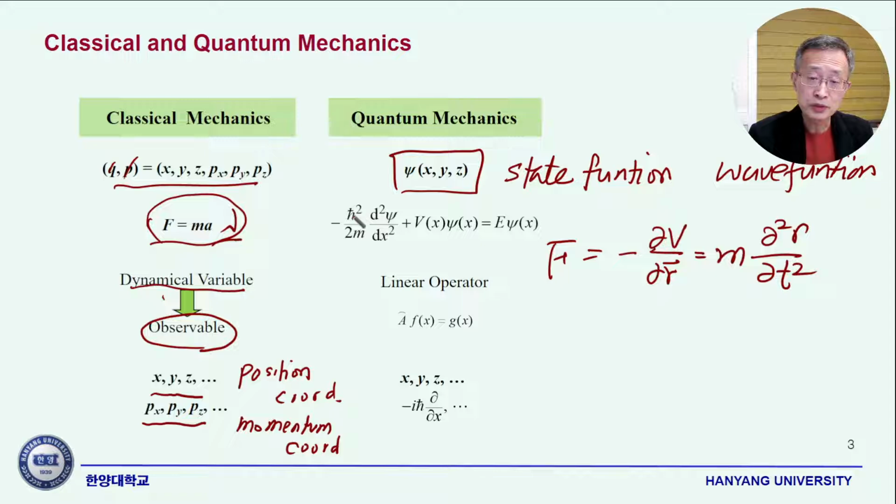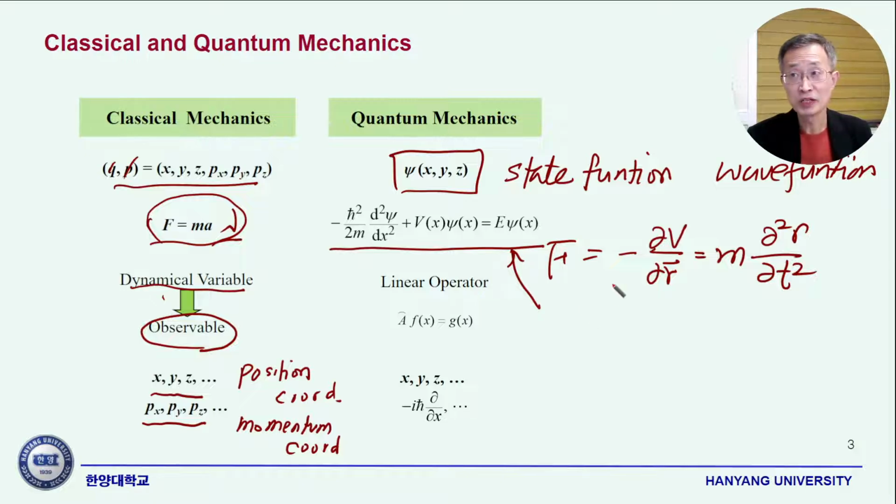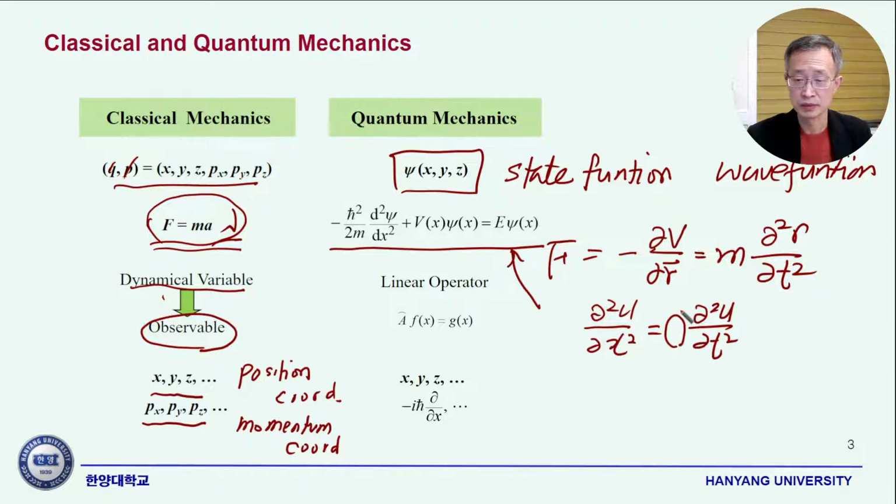That is a solution of this equation. This equation is the Schrödinger equation, which is derived from the wave equation. Wave equation is equivalent to this one. If I say wave equation, the partial of u with respect to x squared in one dimension equals something like the partial of u with respect to t squared, and here there is a constant term.